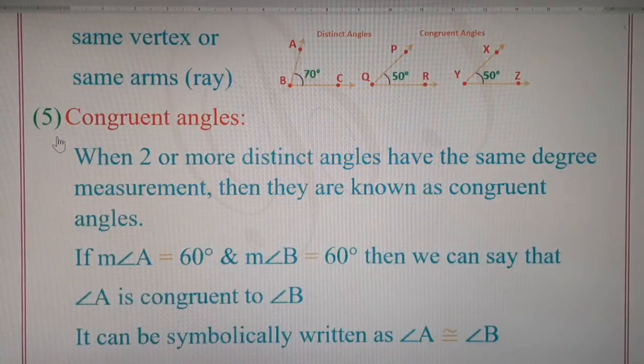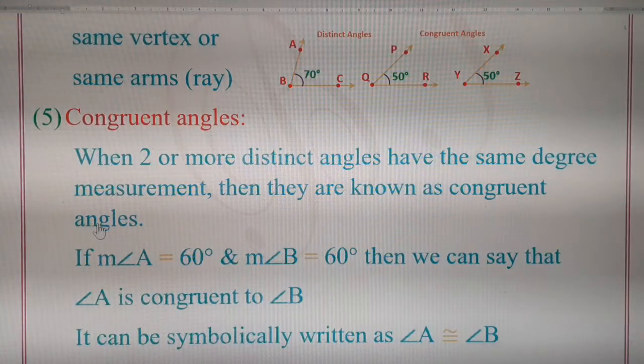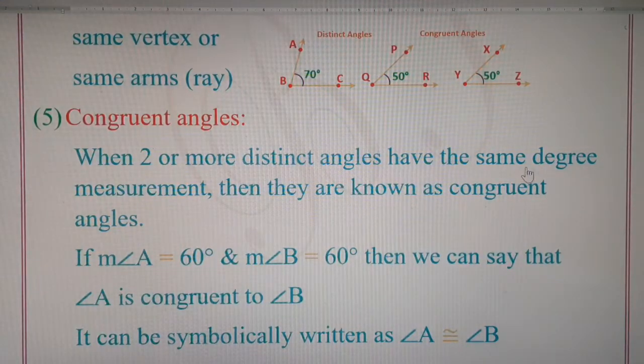Let's go to the next type, number 5, congruent angles. The angles which are different but they have the same degree measurement, then they are known as congruent angles. When two or more distinct angles or different angles have the same degree measurement, then they are known as congruent angles.